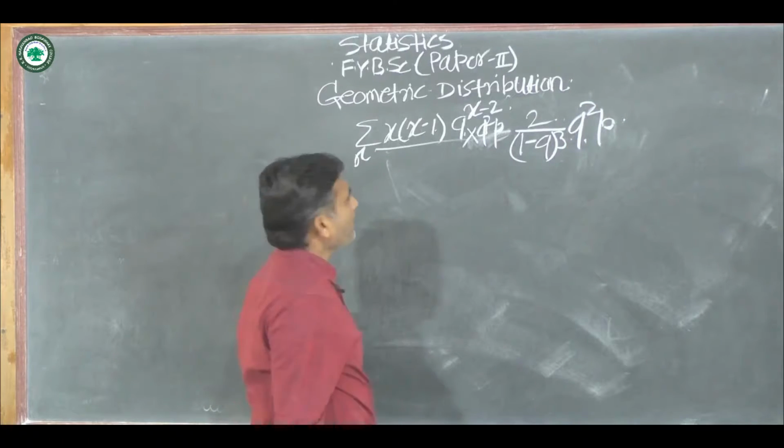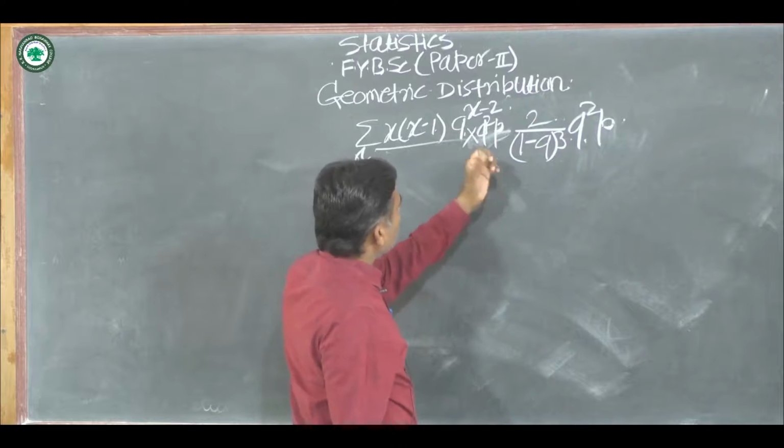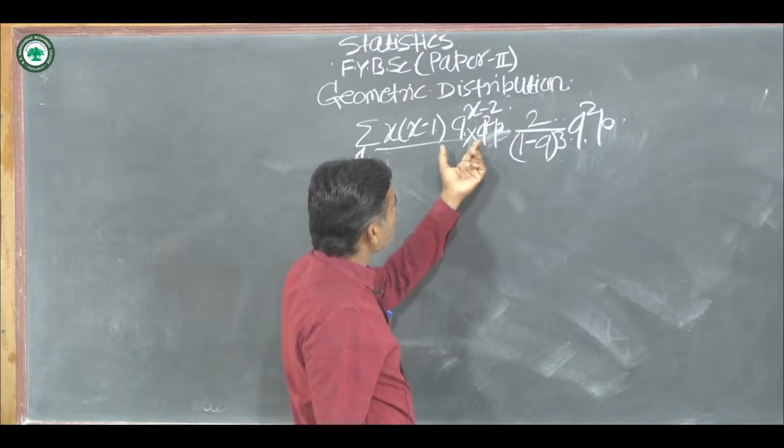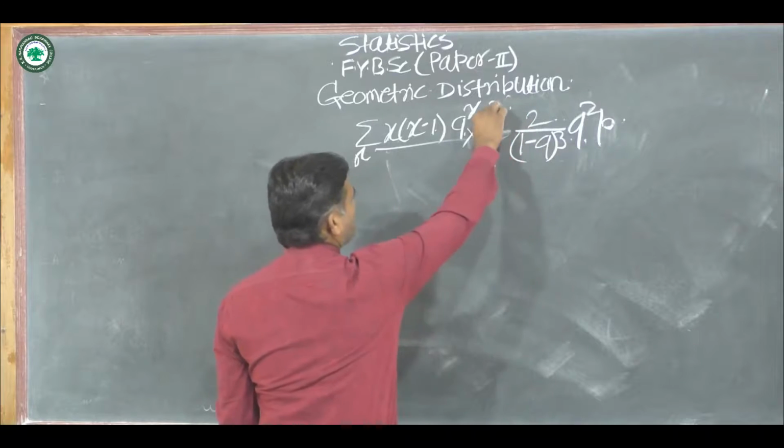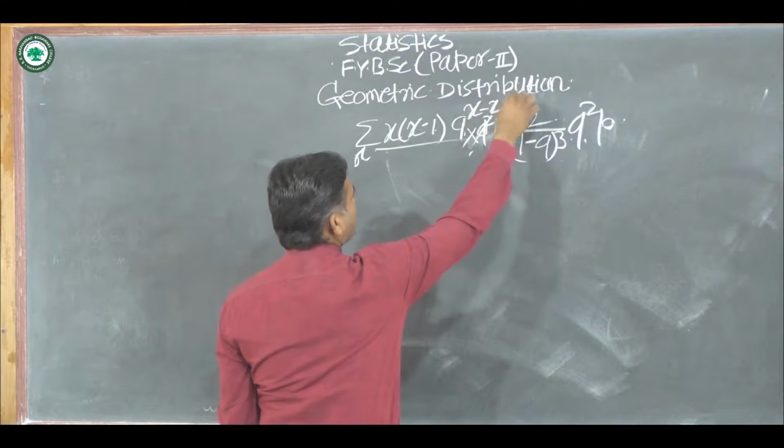Instead of dividing, we multiply on both sides of this equation by q square into p. Then this q square gets cancelled.